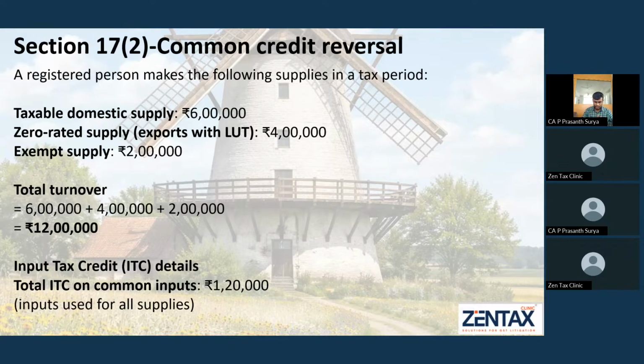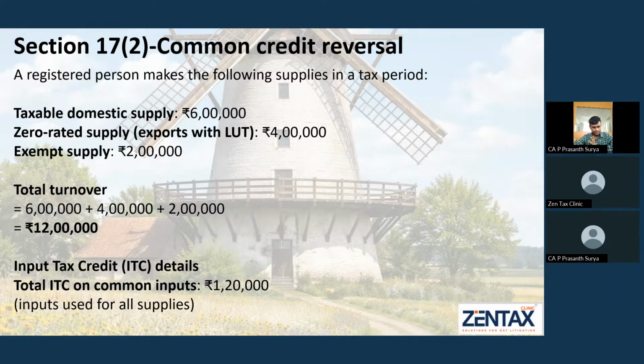So I thought I'll just give a basic numerical example to be on the same boat on what common credit reversal means exactly. First thing is, assume a registered person has taxable domestic supply of rupees 6 lakh, zero rated supply, export supply, if it is with payment of tax or with the LUT, that doesn't matter.